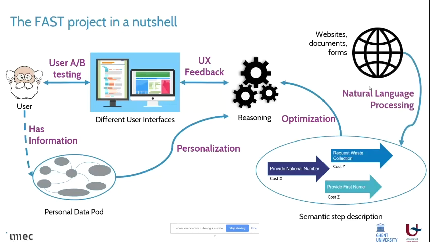And as I mentioned, because we already have a lot of natural language text available, we're also looking into how we can scrape this information from available documents, forms, and websites, from public administrations, from the web.